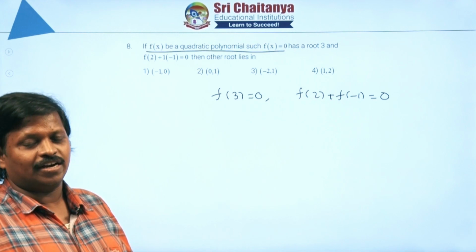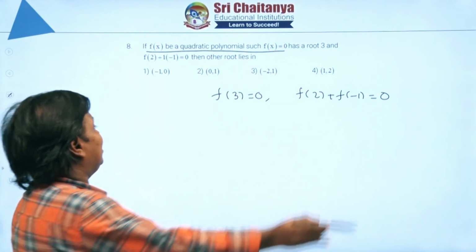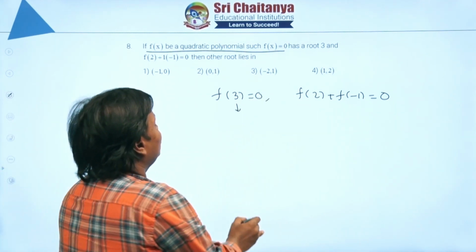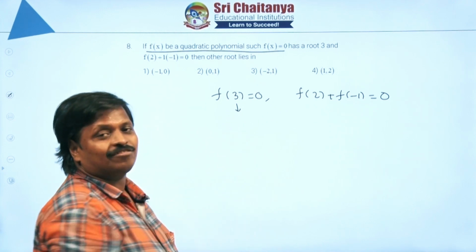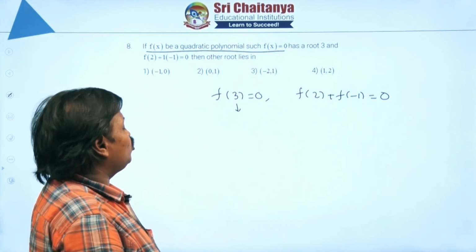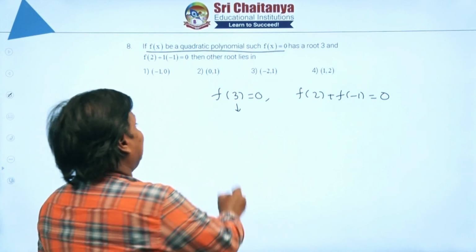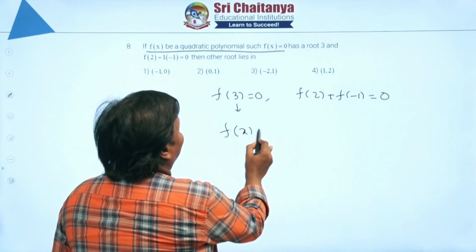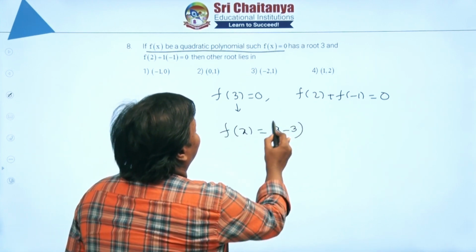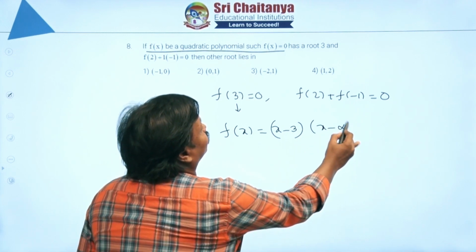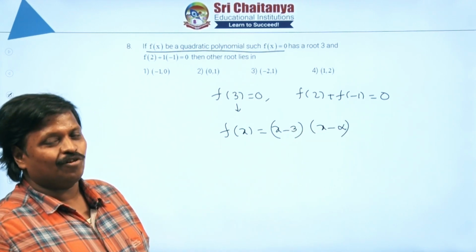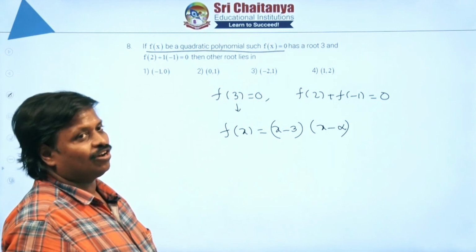So he gave two conditions. 3 is a root, so x minus 3 is a factor of f of x. I am assuming the other root is alpha, so I can assume f of x as x minus 3 into x minus alpha.